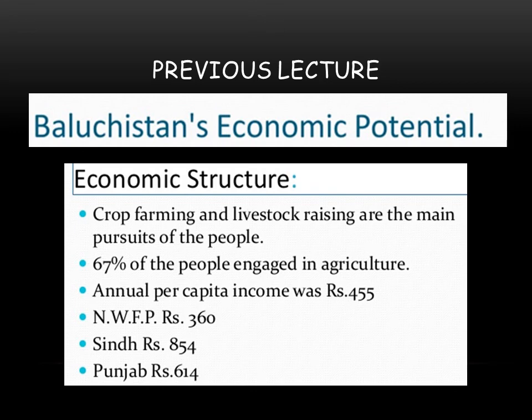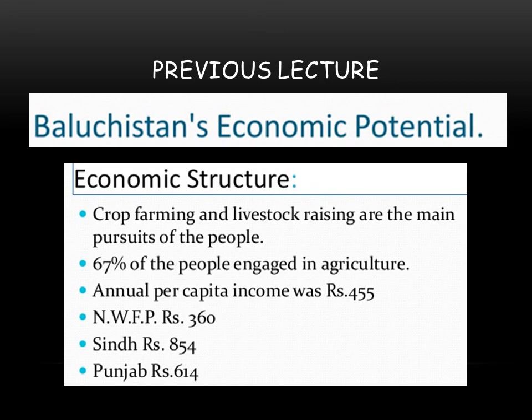Then we learned about the economic structure, and I told you that crop farming and livestock raising are the main interests of the people of Balochistan, and about 67% of the people are engaged in agriculture directly. The annual per capita income was rupees 455 for Balochistan.